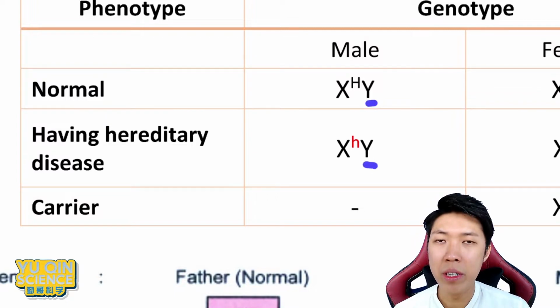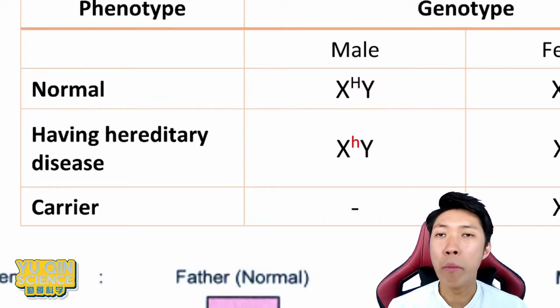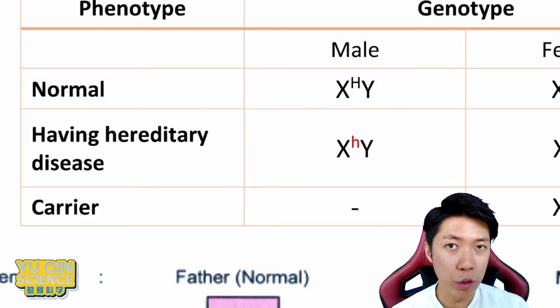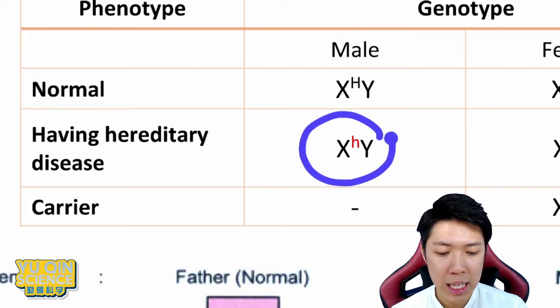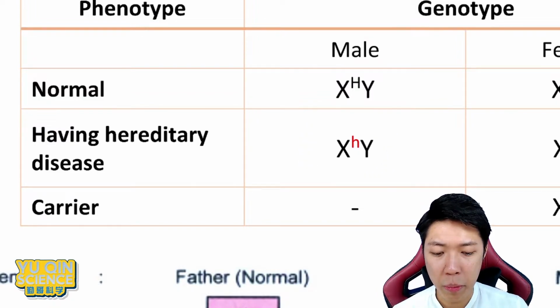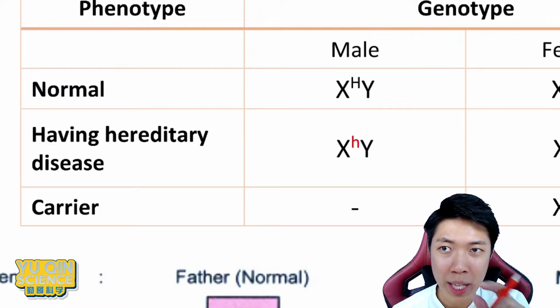Y will never carry diseases, only X, you have to remember that. So for male, 男生呢，你的几率只有50%. So this is 50% tak kena, this is 50% kena. Okay, so male is very straightforward because the alphabet H only goes with X.